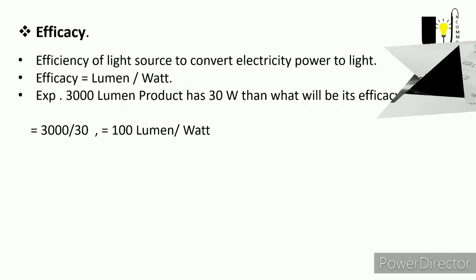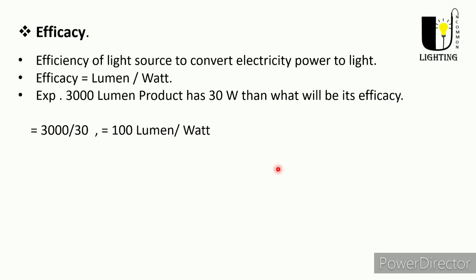Efficacy: as we have studied lumen and luminous intensity and all those factors, whenever you select any product, the product is generally described with its lumen package. Efficacy is how much lumen output is delivered by a particular product for an input of 1 watt. For example, a 3000 lumen product with 30 watts will have an efficacy of 100 lumen per watt.